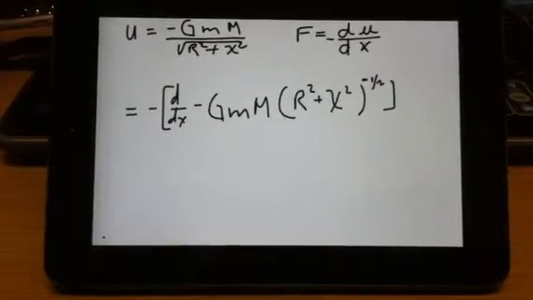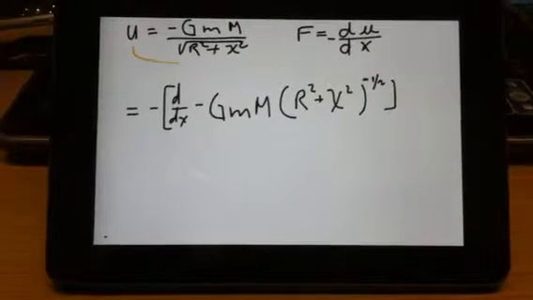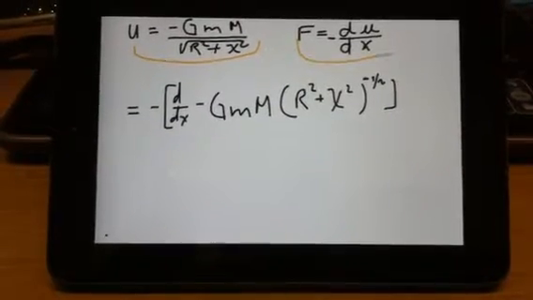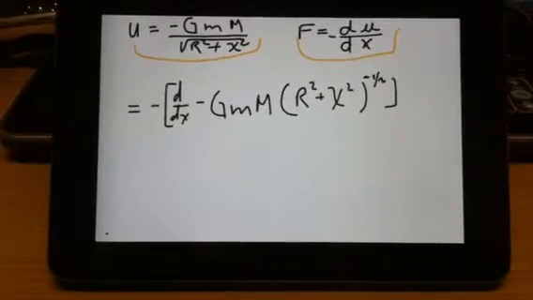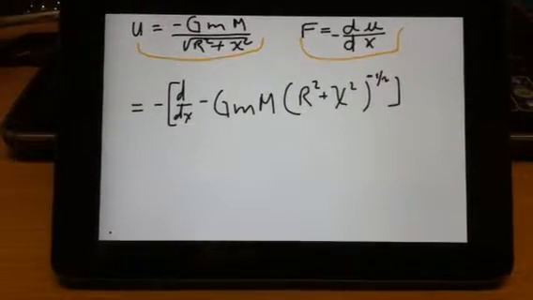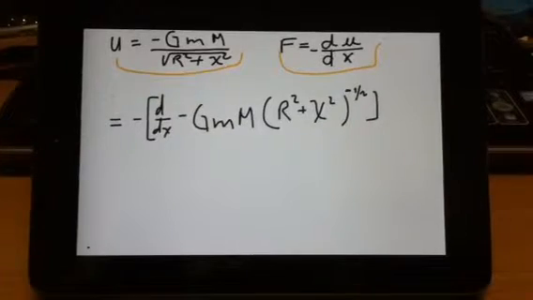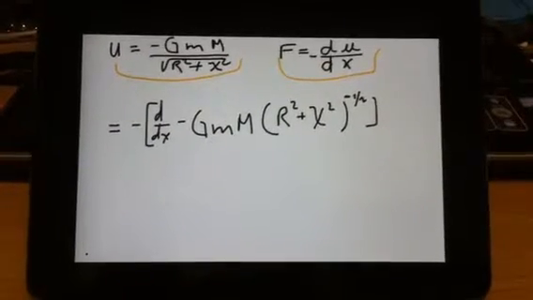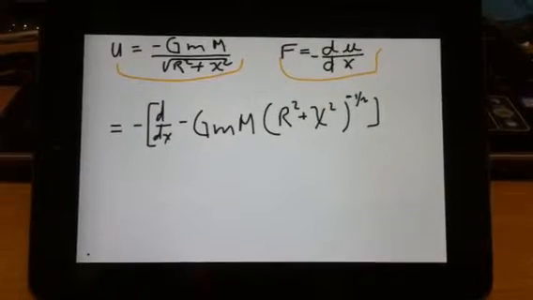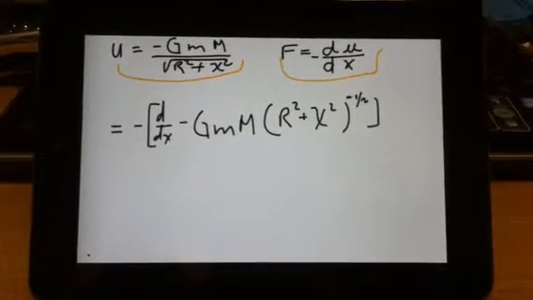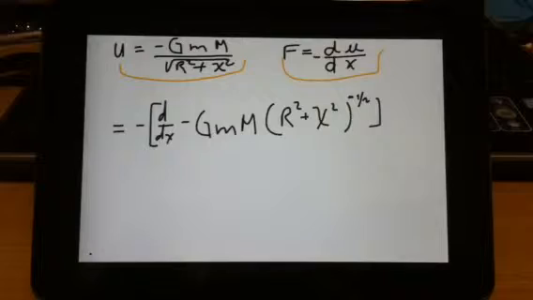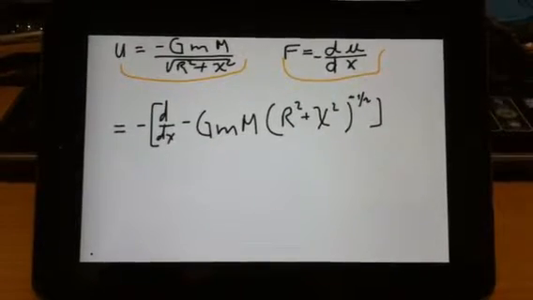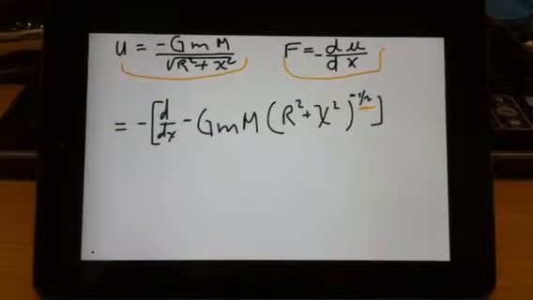Now that we have the gravitational potential energy formula, we can find the force. The force is given by the negative slope of the gravitational potential energy with respect to x. Now we just fill in the blanks for the formula, and what I did is I turned the denominator into a negative exponent.